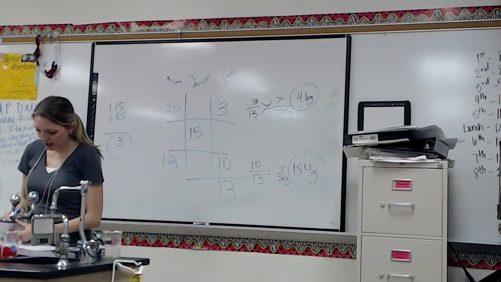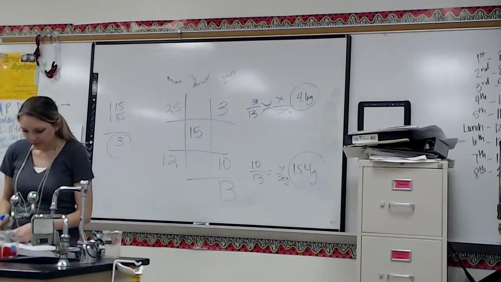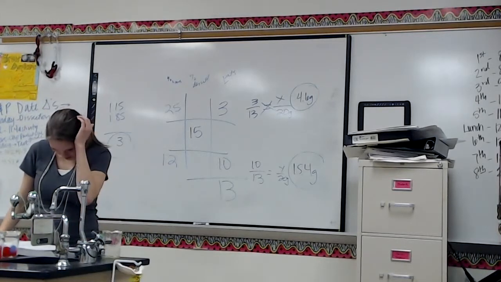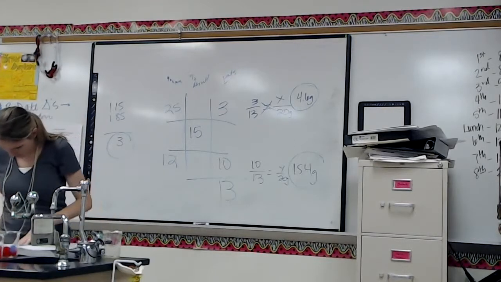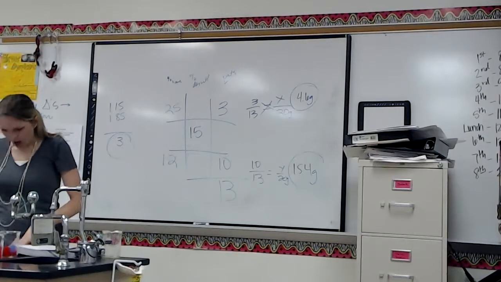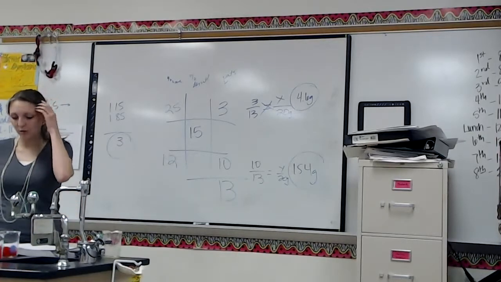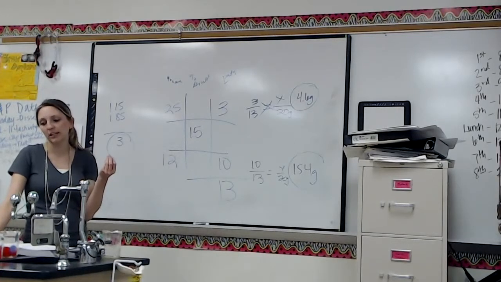Now, let me see if I can find a different one in case you get hung up. Okay, let's look at number 11 real quick. Whenever you see these ratio strengths, we want to change those into percentages.